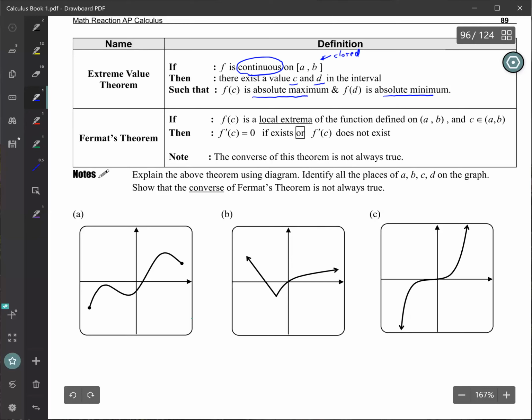So it guarantees that you can find absolute max and min if it's continuous on that closed interval, no matter what kind of function it is.